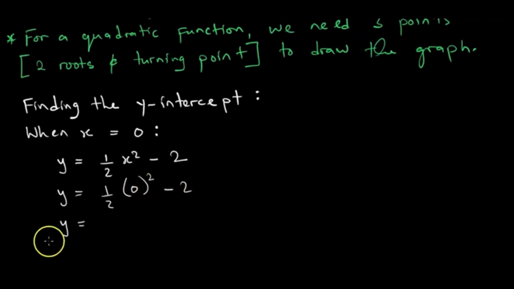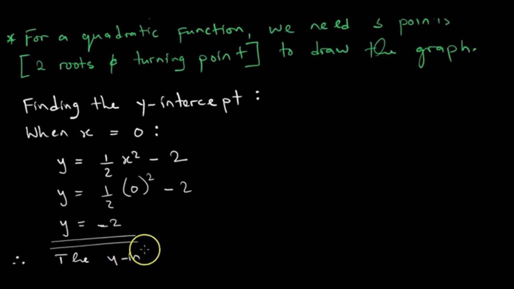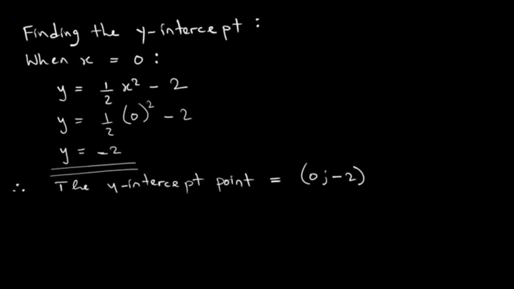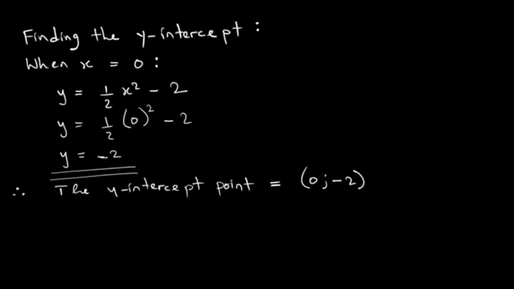So after all is done, y is equal to minus 2. Therefore, the y-intercept point is x as 0 and y as minus 2. This is what we do to find the y-intercept.